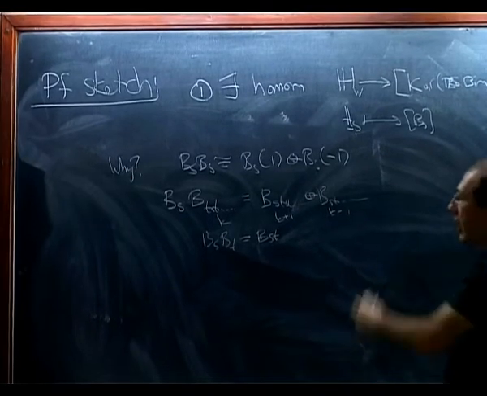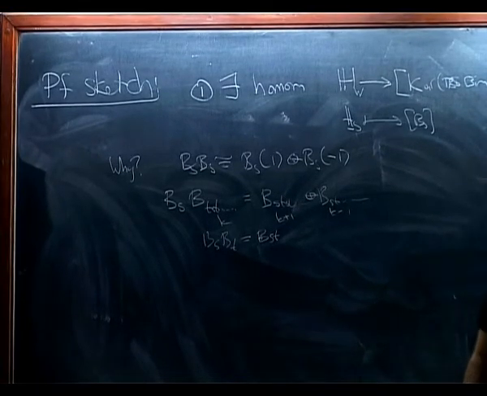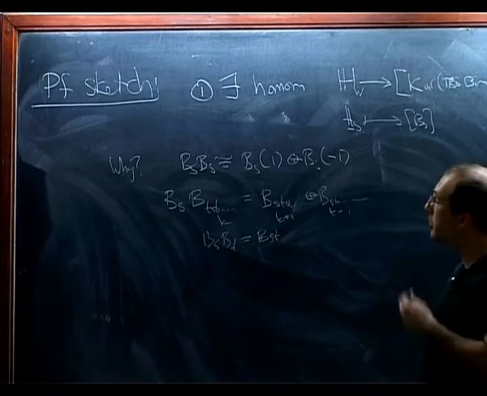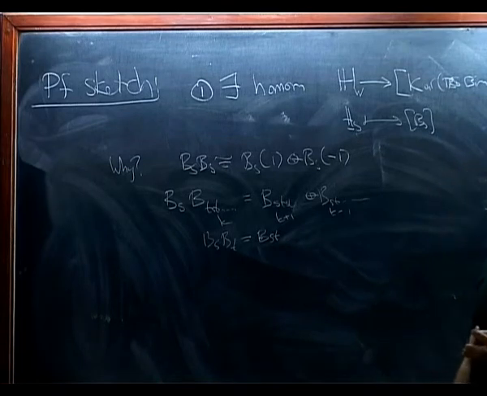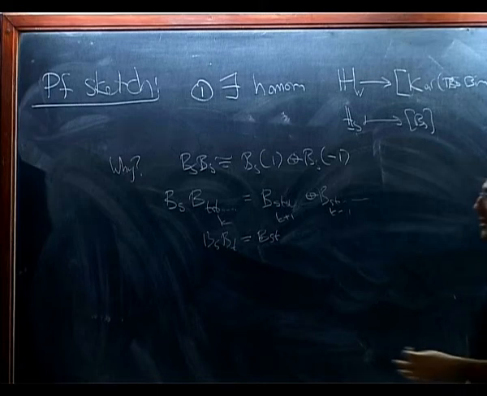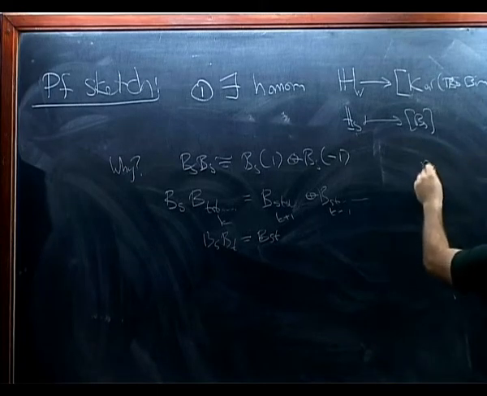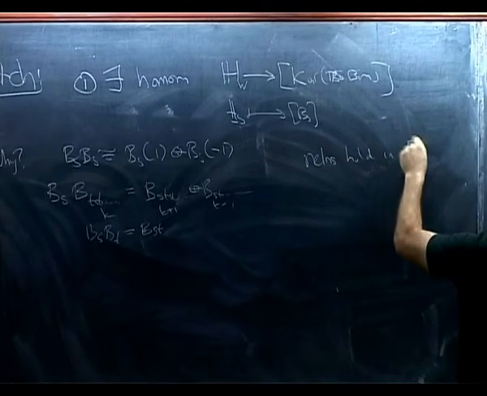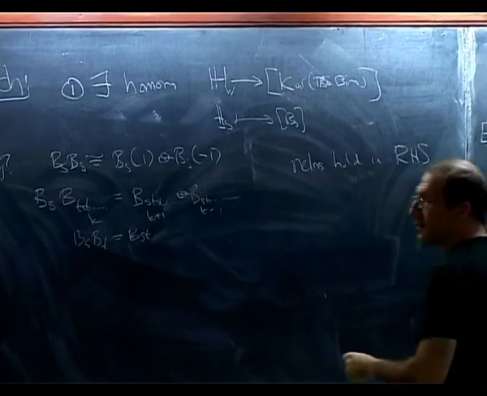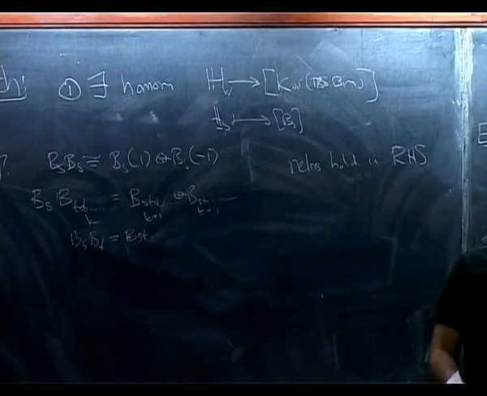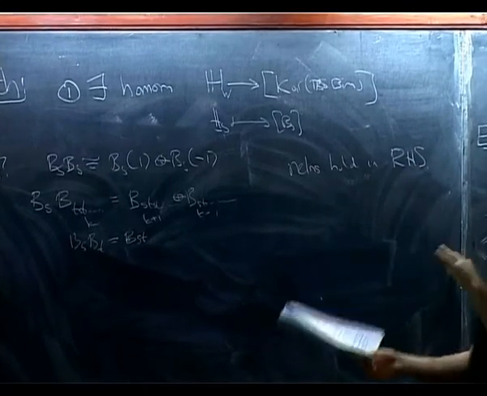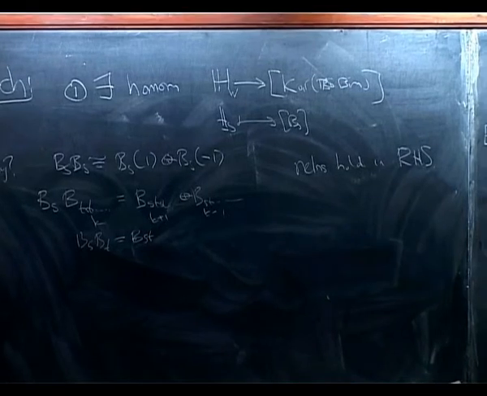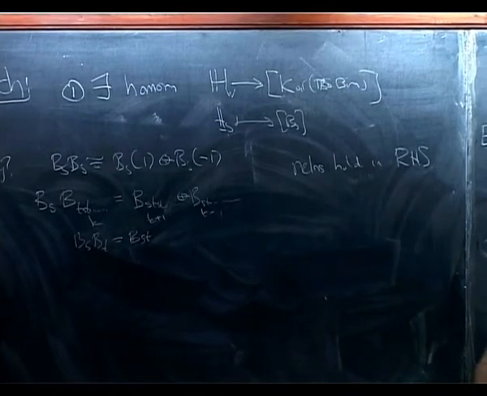So we've shown these facts, which imply the braid relation analog that we discussed. So the relations hold in the right-hand side, and therefore the map is well defined. Okay, so you don't need this map to be an isomorphism to talk about the Hom formula.